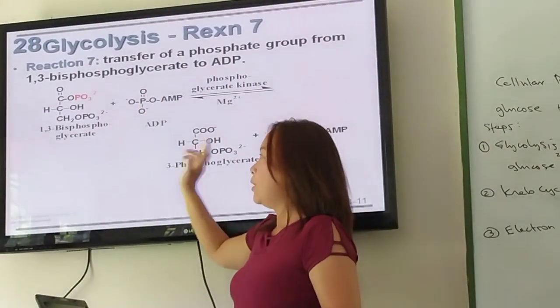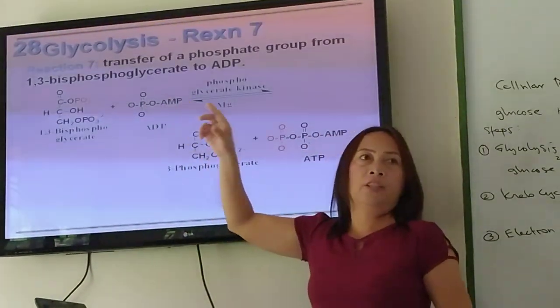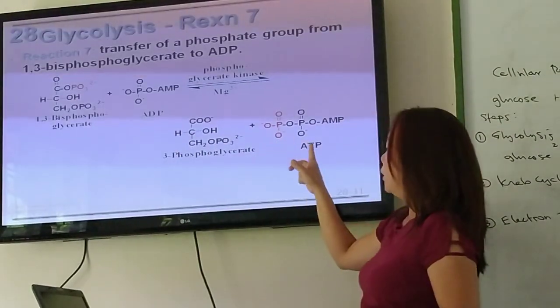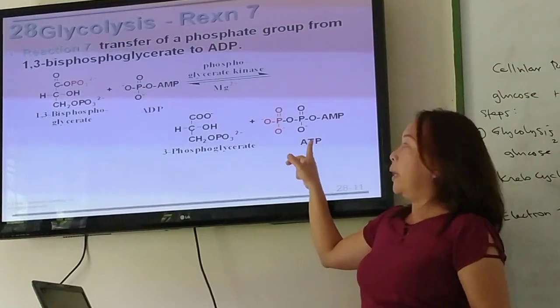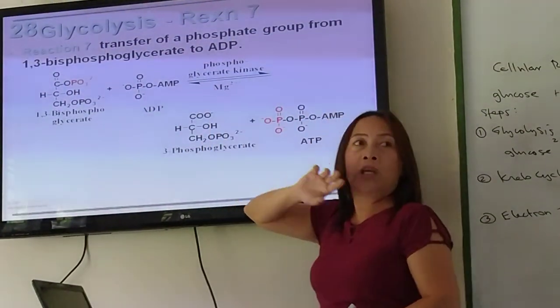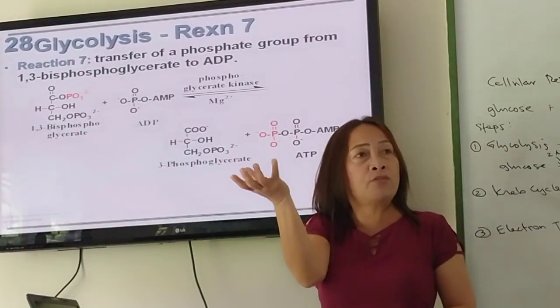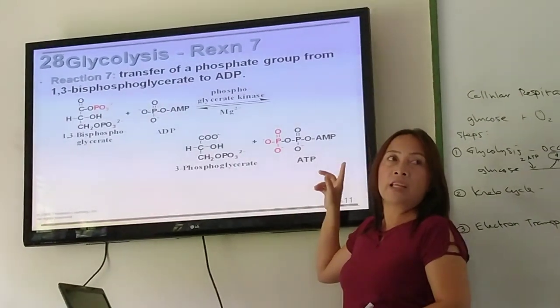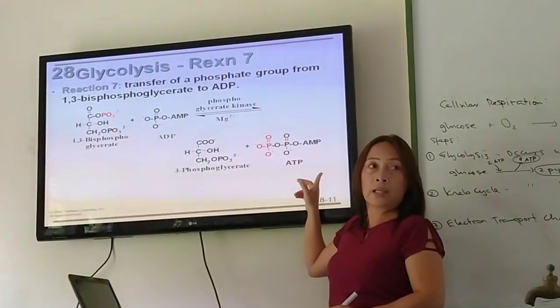The phosphate on the first carbon is given off, and it is now accepted by the adenosine diphosphate, which receives the phosphate and becomes adenosine triphosphate.